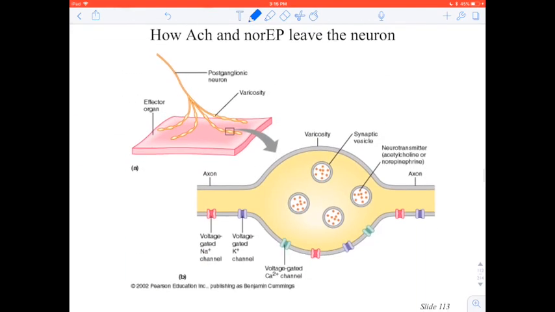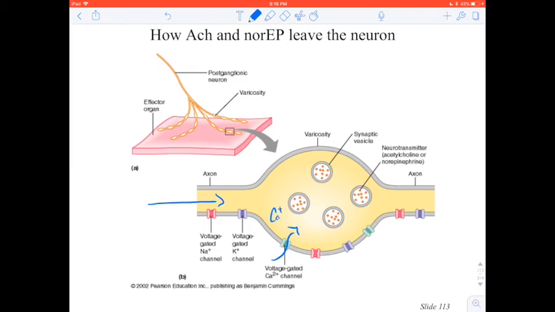All right, so how do we get these out of the neuron? We'll talk a little bit more about this where we talk about action potential and how we release these synaptic vesicles. But it takes this propagation of action potential coming down, which eventually is going to let calcium in.